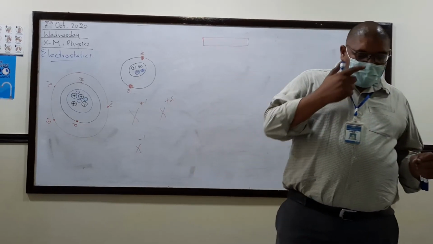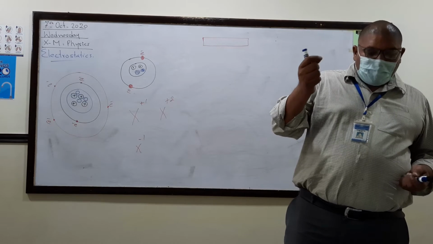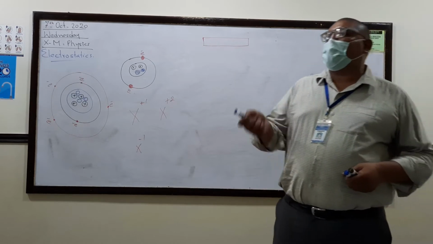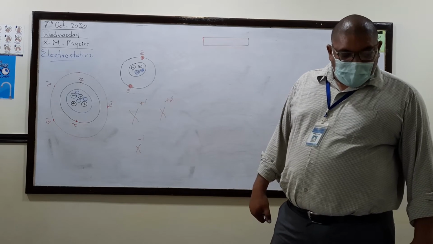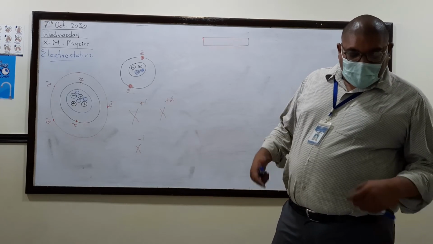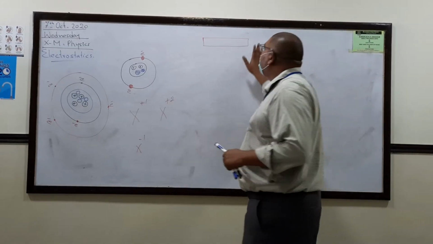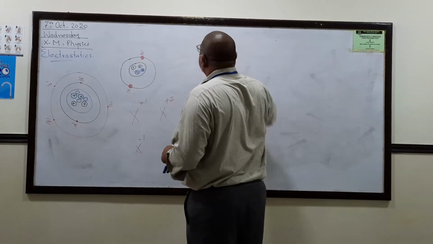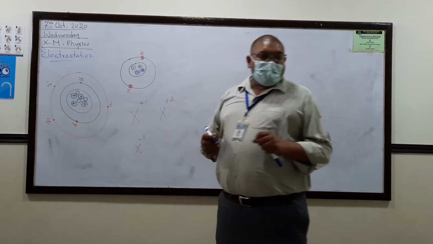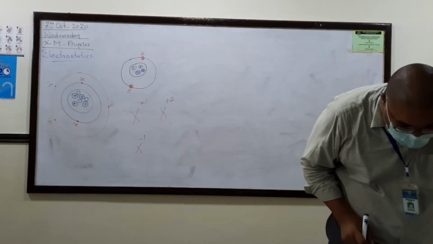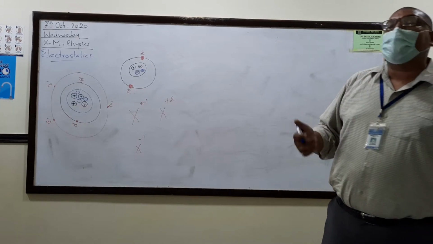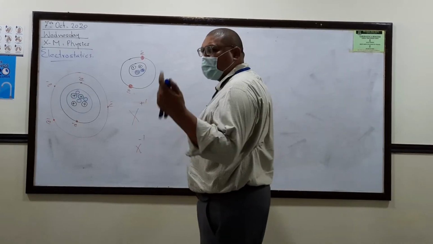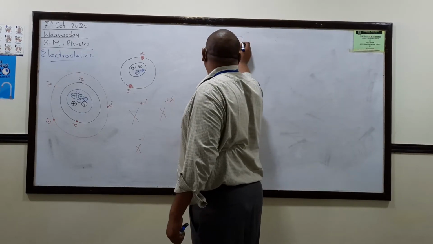Now, we can do an experiment. Take two plastic rods, rub them with the silk cloth, and suppose that both of them have negative charge. I'm just supposing.